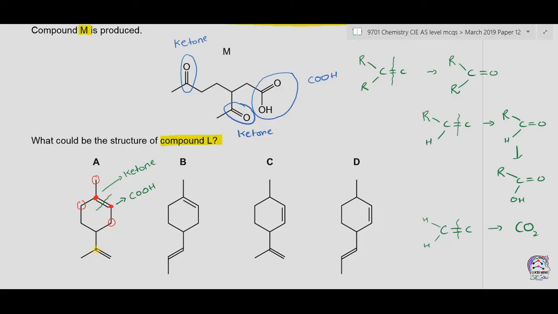We have 2 more carbon atoms with a double bond. One is this. It has 2 alkyl groups directly attached. So upon oxidation, this bond will break and it will convert into a ketone. This carbon has just 2 hydrogen atoms attached with it, and upon the breaking of the double bond, it will convert into carbon dioxide.